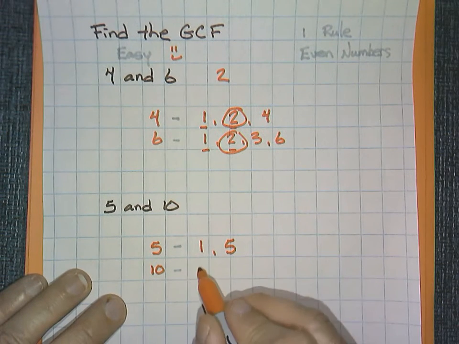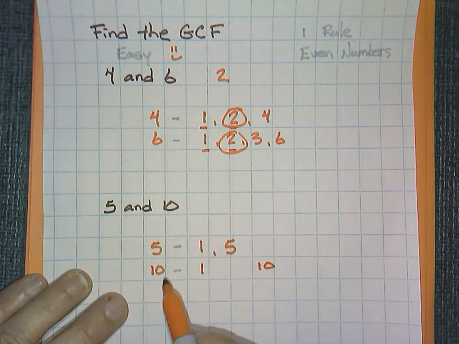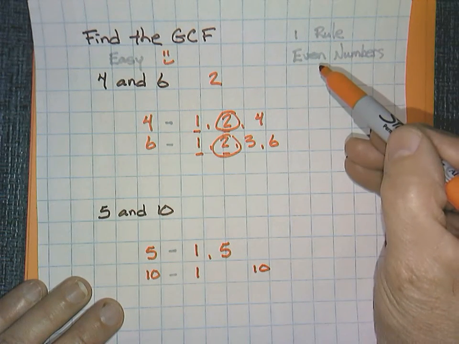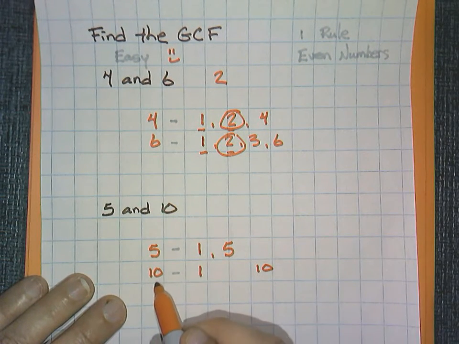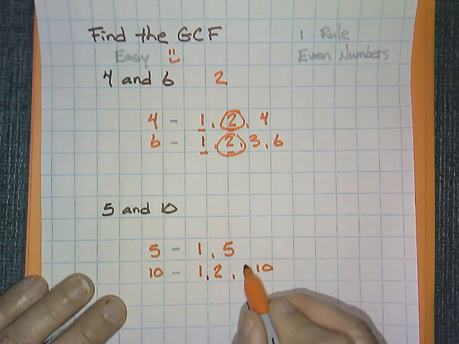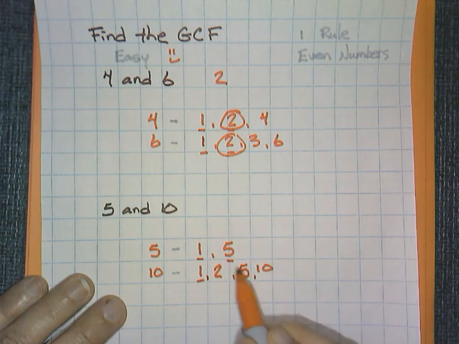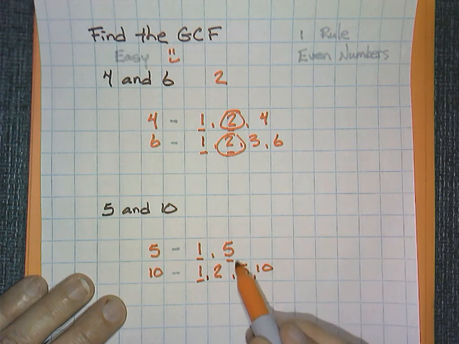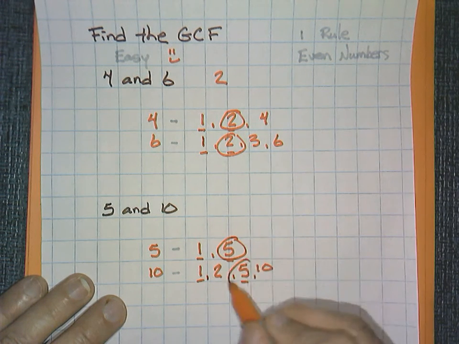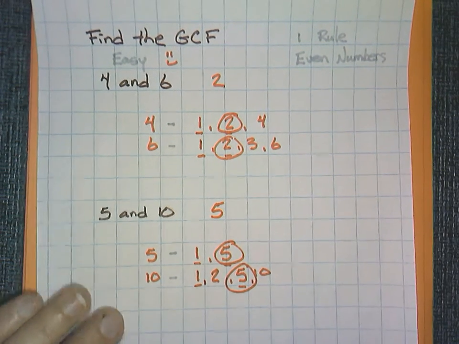For 10, it would be 1 and 10. But because 10 is an even number, I wrote a note here for even numbers. Even numbers always have 2. And in this case, it would be 2 times 5. I can see that 1 and 5 are common, but the greatest common factor would be 5.